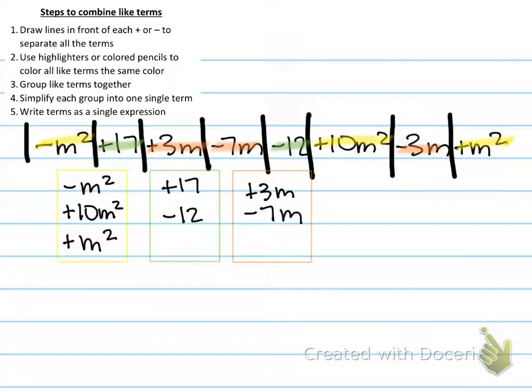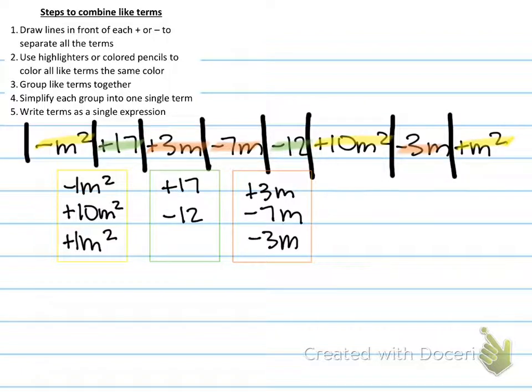And now I'm going to go to step 4, simplify each group into one single term. And we do that by adding. Let's look at our yellow box first. I know that when there's no number in front of a variable, there's an invisible 1. So I'm going to add that in.